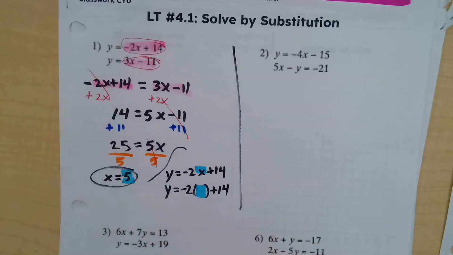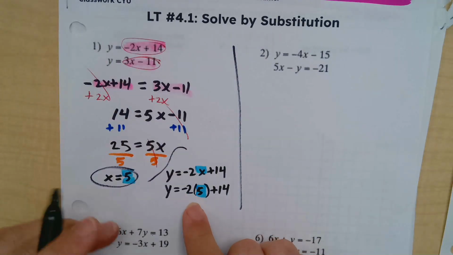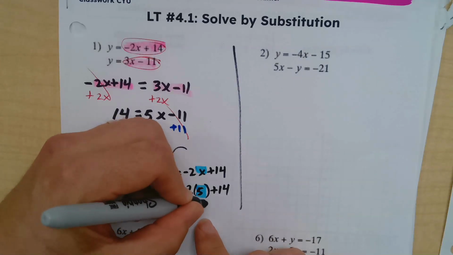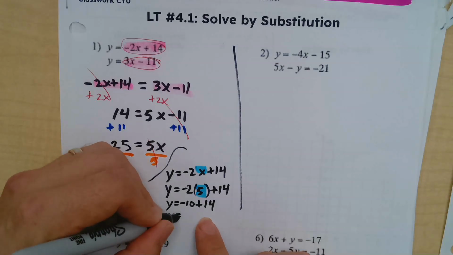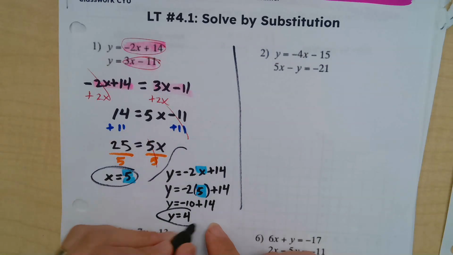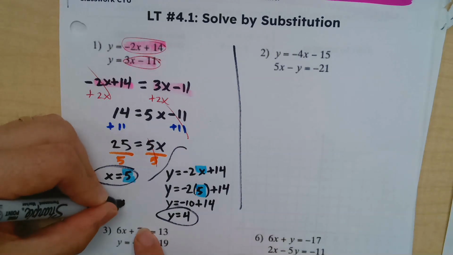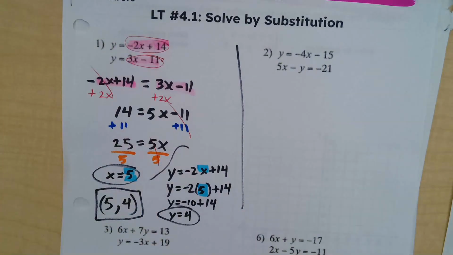Okay, so now I've got negative 2 times 5 is negative 10 plus 14, and then that's going to give me y equals 4. Okay, and so my solution is 5 comma 4. That's my answer. Okay, let's do our next one.